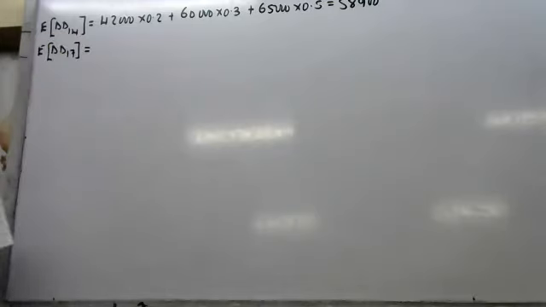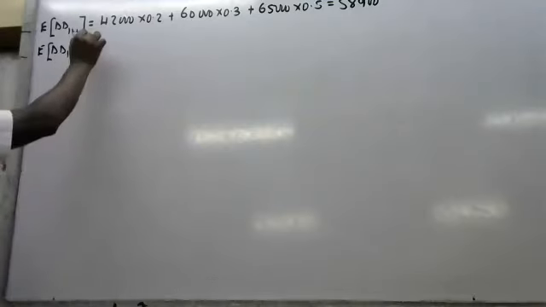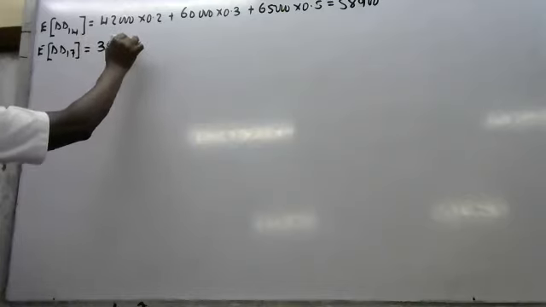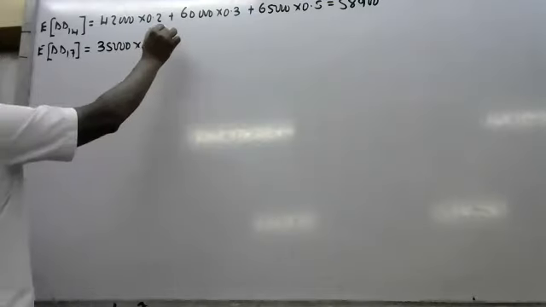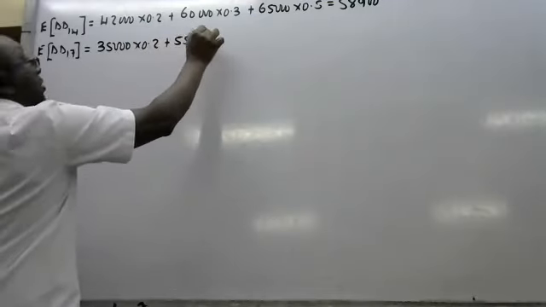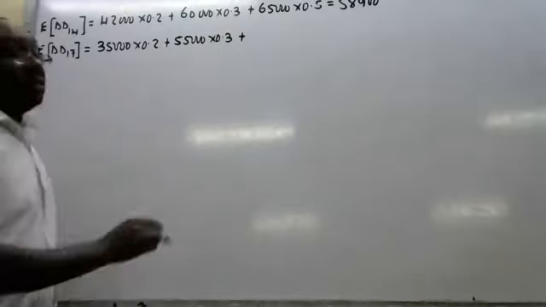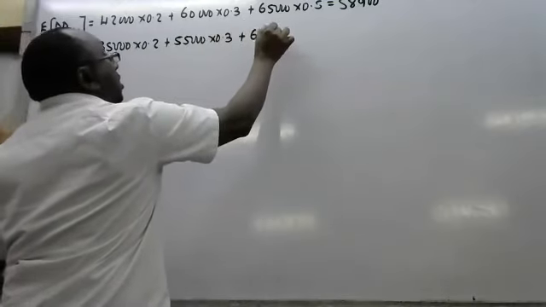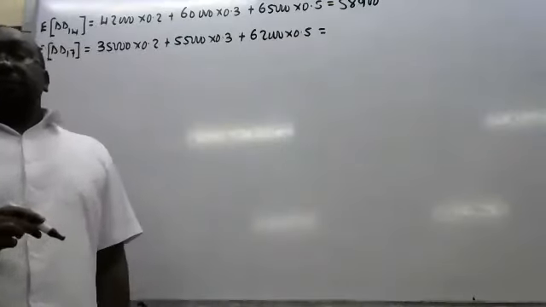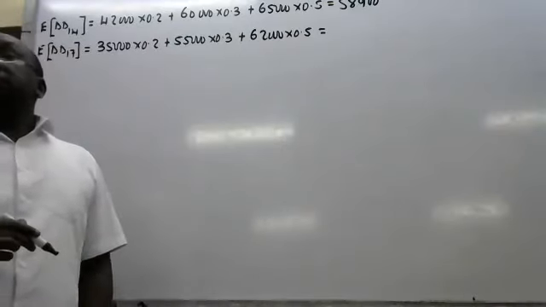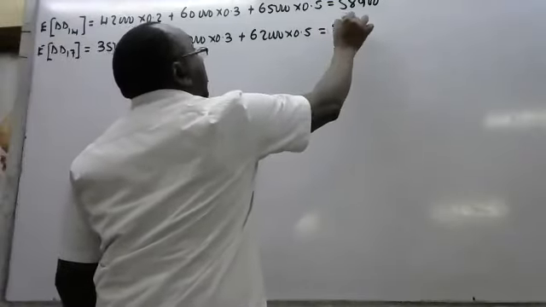The expected demand at a price of 17 is 5,000 times 0.2 plus 55,000 times 0.3 plus 62,000 times 0.5. $54,500.